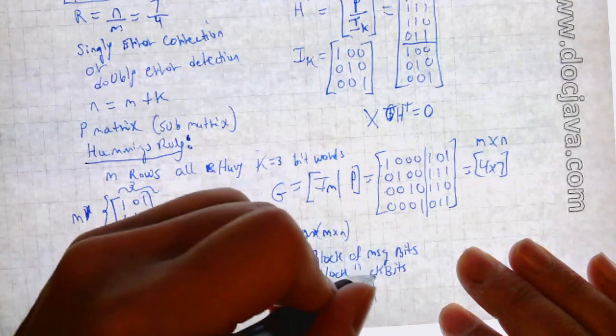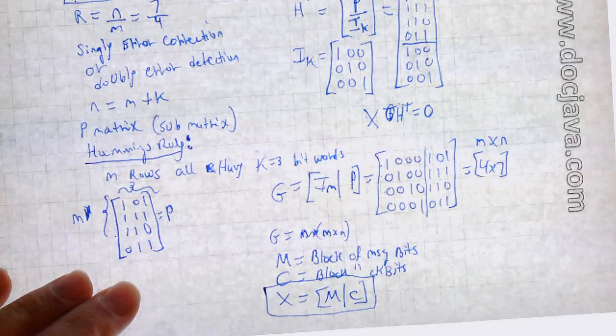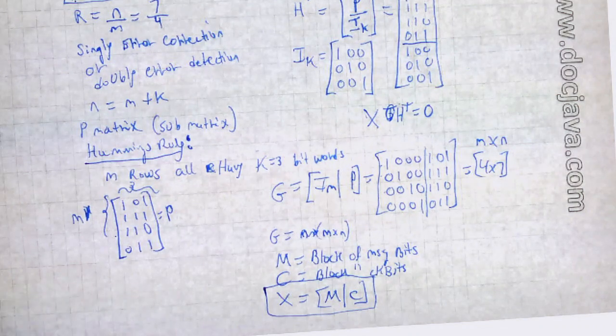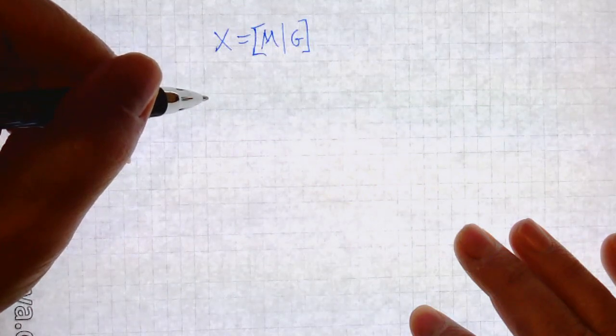So now the question is, how do you get a code vector? What you want to do is take your message bits, make them into a sub-vector, multiply by your generator, and then you're going to have your code word.